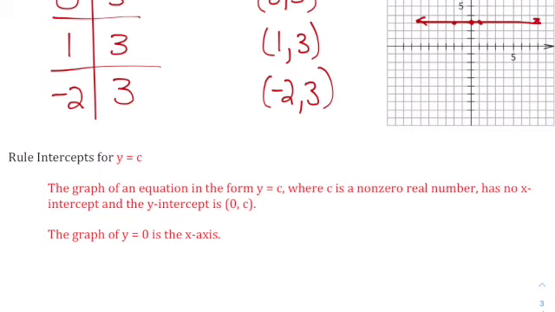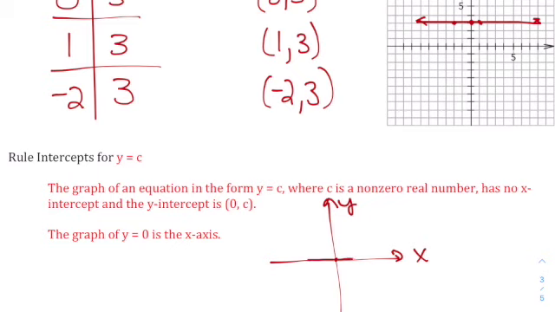The graph of y equals 0 is the x-axis. Okay, here let me give you a picture of that. If you're thinking about y equals 0, that means it's crossing right here. Y equals 0 is this line, the x-axis.